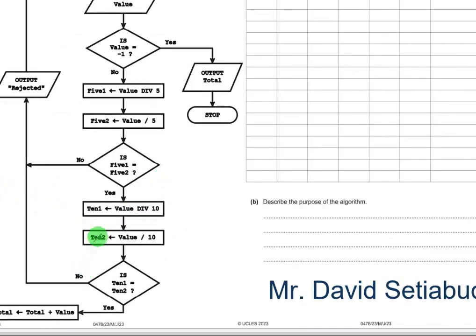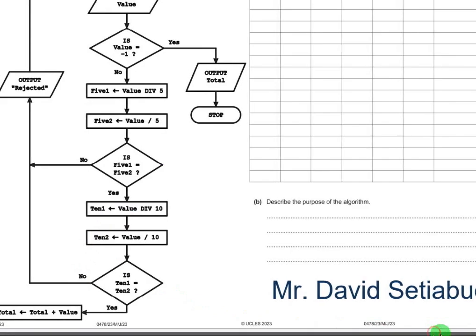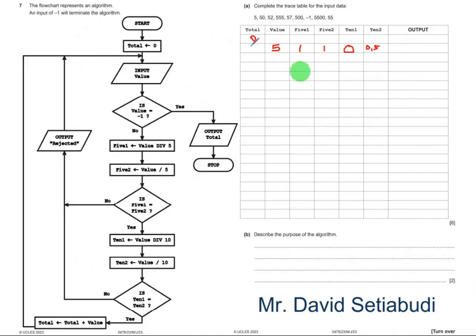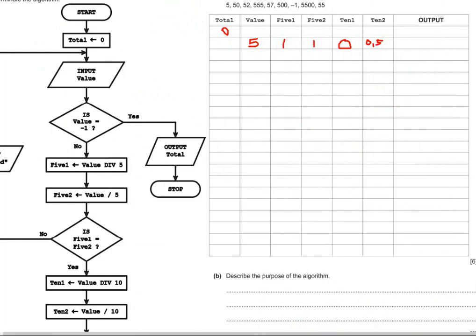So it will go up because 0 is not the same as 0.5. So the output is rejected. We need to type over here: rejected. Guys, only the first one we go slow.